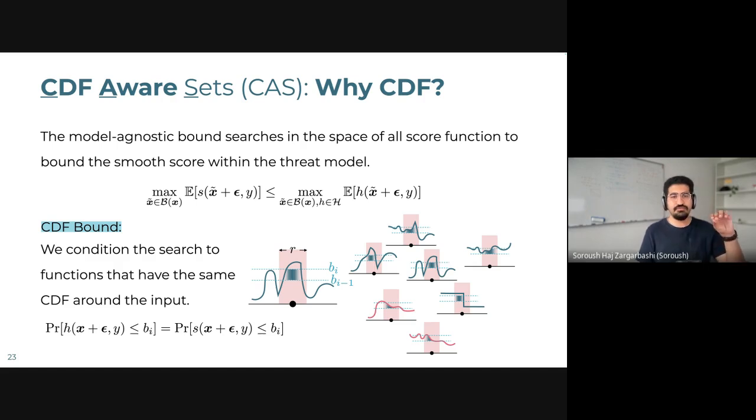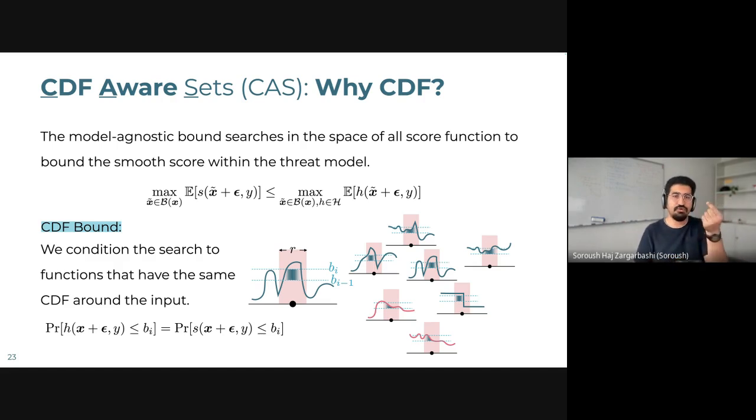So instead of computing this mean and trying to search for all functions with the same mean, compute the CDF, or in a discretized way, compute the discrete CDF, saying that I want this function that you're trying to maximize to have the same mass between, I don't know, 0.2 and 0.4. So the algorithm is easy.